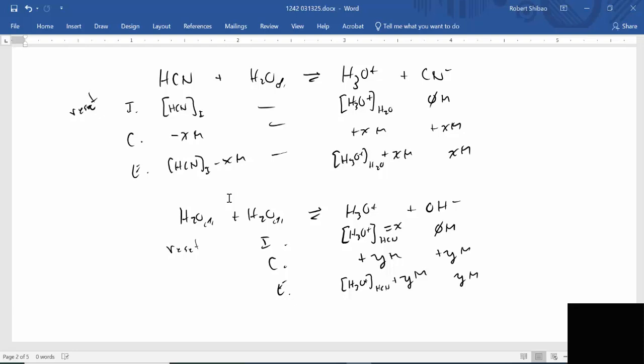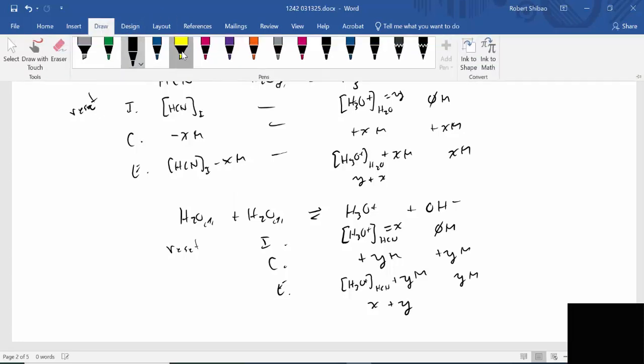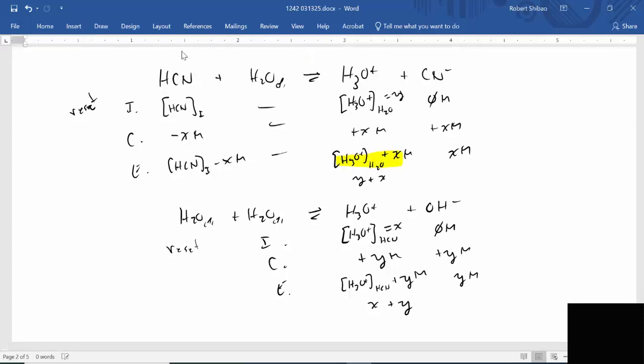And so now, I see that the hydronium from water is Y, so I'm just going to call this one Y here. That's my Y here. And so when I look at the equilibrium conditions for hydronium here, I'm going to simplify this into Y plus X here. And then when I look at the hydronium in the water, I'm going to have X plus Y. So do you see what's happening here is I'm solving these simultaneously for the same hydronium concentration at equilibrium.